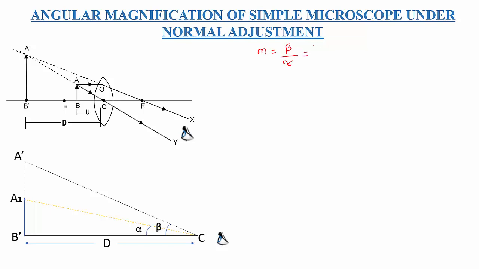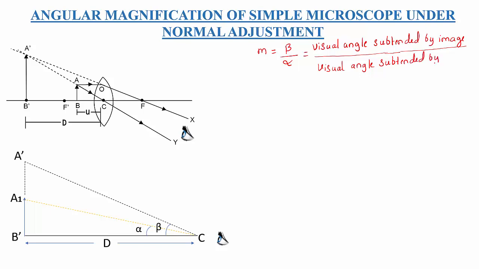Beta is the visual angle subtended by the image formed by the instrument at the eye, and alpha is the visual angle subtended by the object. So the magnifying power of the simple microscope we have to calculate. The equation is m equals beta divided by alpha.